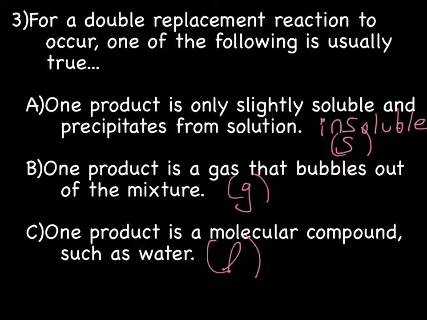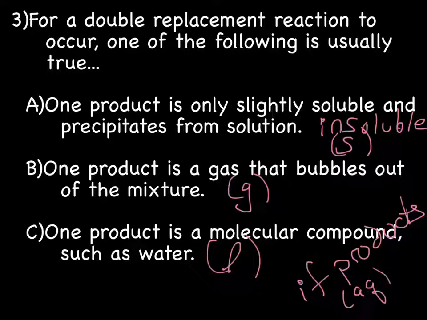If all of your products end up being aqueous, meaning the ions are still floating around in the water, that means there is no reaction. Hopefully you can see that, no reaction. We'll get into more detail about that in just a moment.